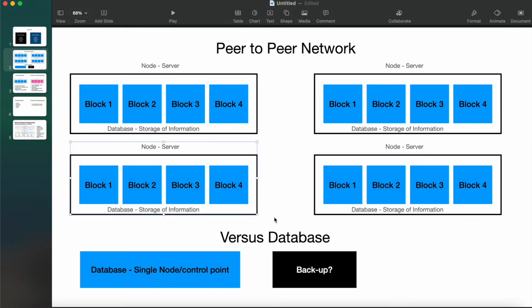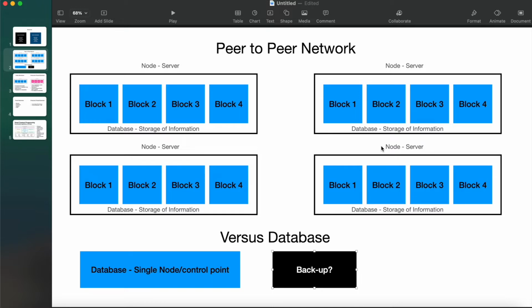And all the nodes that are connected into the chain, into that peer network, are all databases in their own right. Okay? So instead of having one single database that has a backup or 100 backups or however many backups you want, you have 1,000 databases that are storing the same information. That is the difference. Yes, it is a database, but it's not one database. It's 1,000 databases storing the same information.